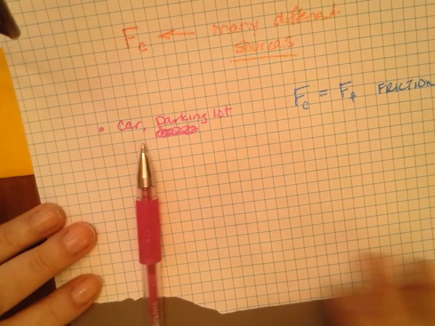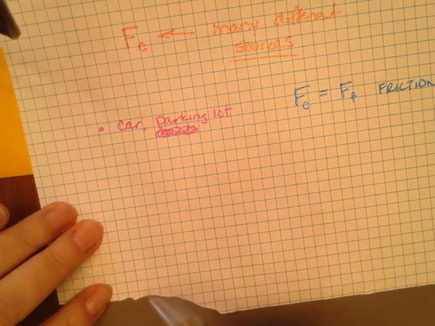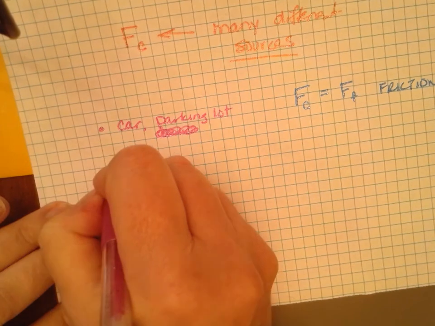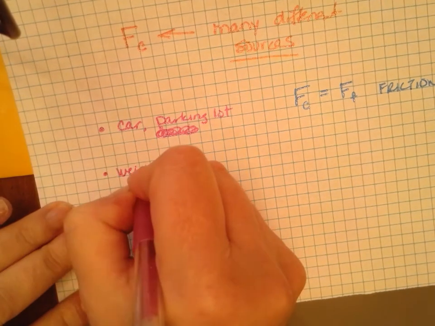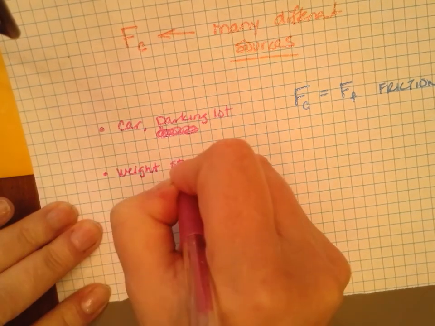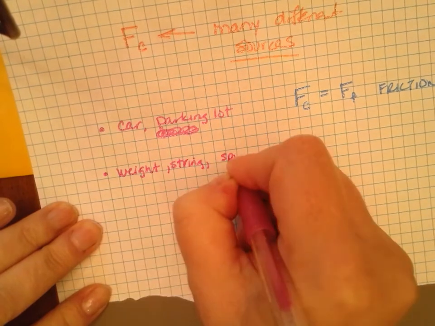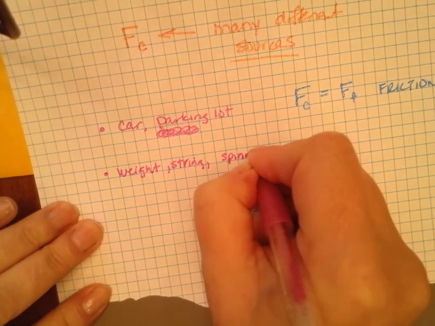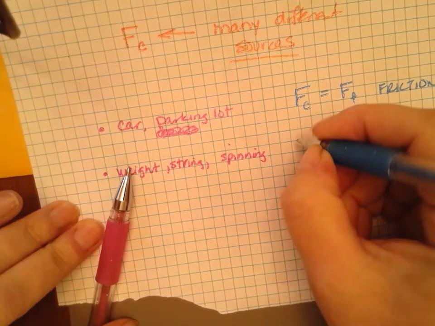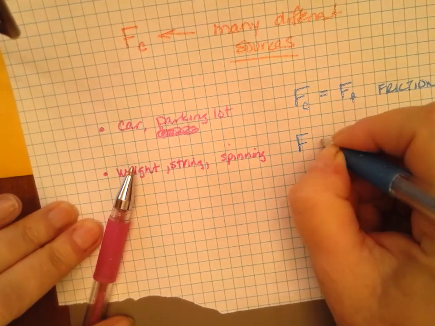You could have a weight on a string and be spinning it. In this case, your centripetal force is equal to the tension on the string.